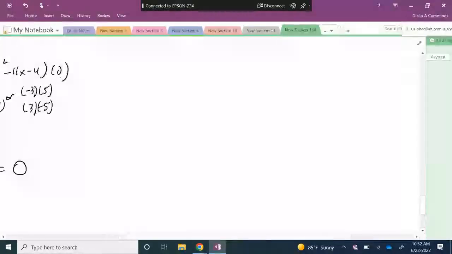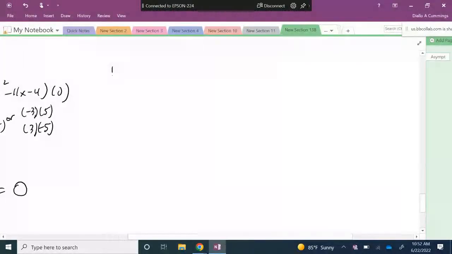All right, now we're going to find the Y-intercept. In order to find the Y-intercept, we're going to let x equal 0. So I'm just going to write out the equation again.